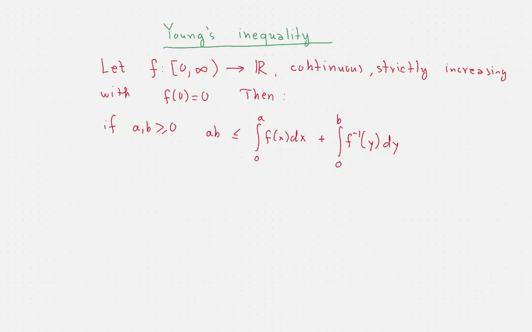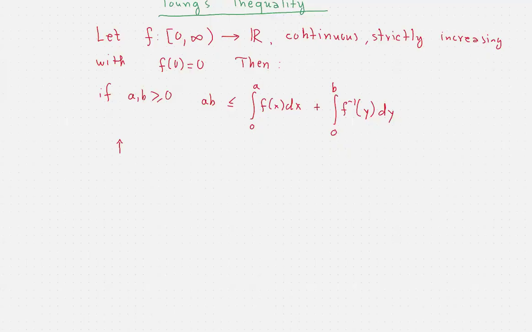So the idea here is pretty simple. We have a strictly increasing continuous function, and we take two random numbers, a and b. So here's a and here's b.